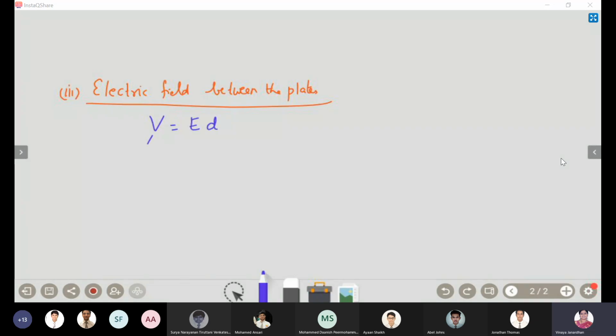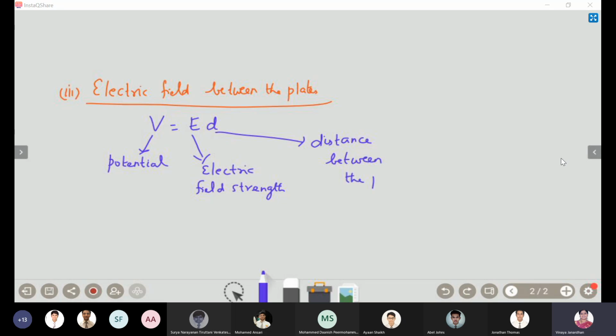V is the potential, E is the electric field strength, and d is the distance between the plates. The distance between the plates, d, remains a constant. Therefore, E is directly proportional to V.